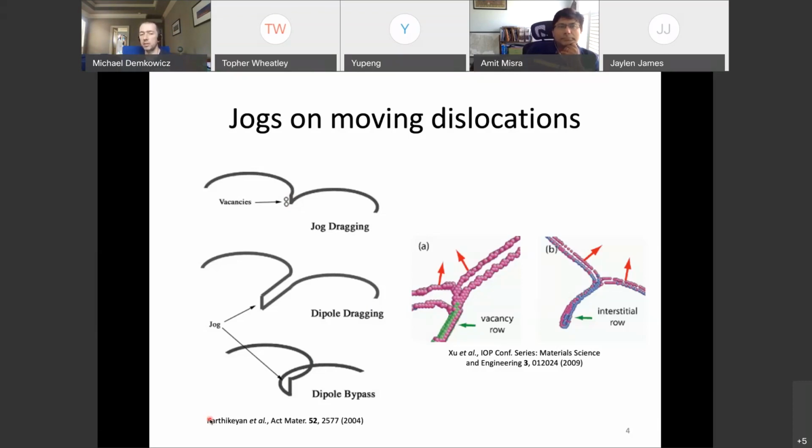But this is the sort of thing that might happen if you're loading your material at a very high stress and a very high strain rate. And so if you are applying a very high strain rate, then everything in the material is moving so fast that diffusion can't keep up, right? Diffusion really plays no role in high strain rate deformation. Diffusion is too slow, basically.